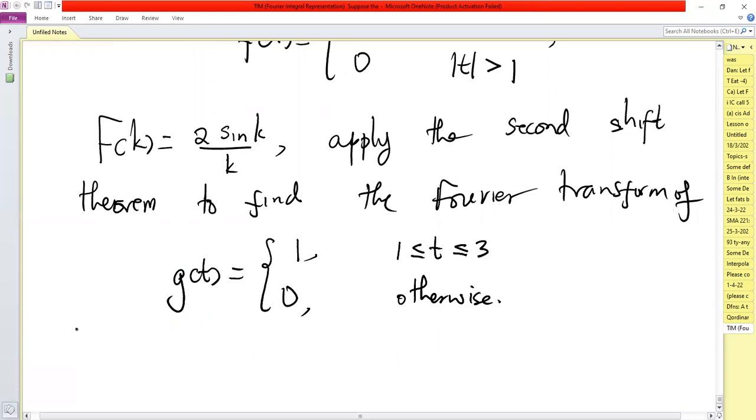And then once we have done that, verify the result directly.